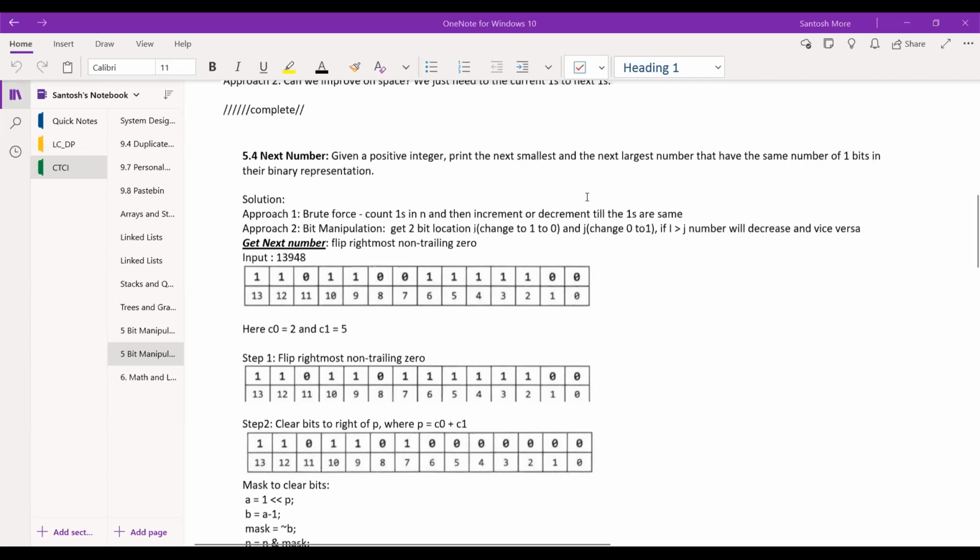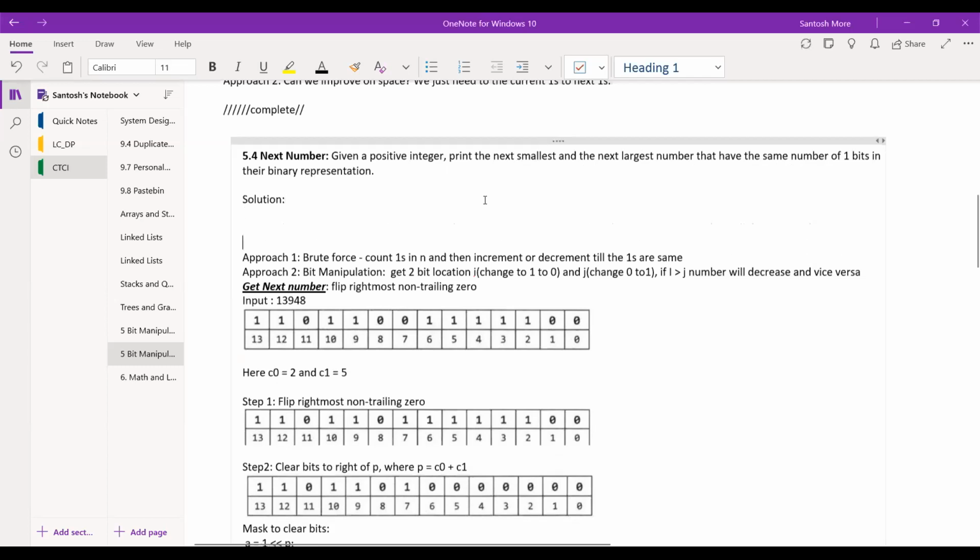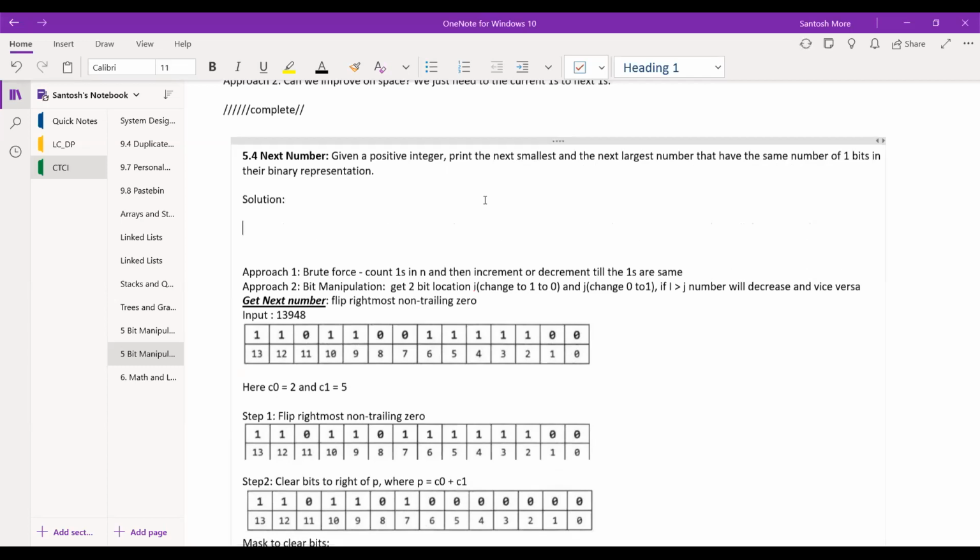Okay, so what does that mean? I'll just take an example. Let me take a smaller one: 0 0 0 0.